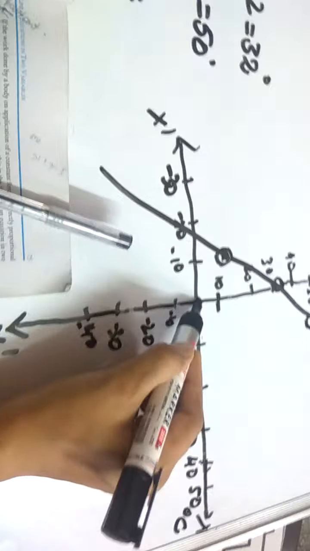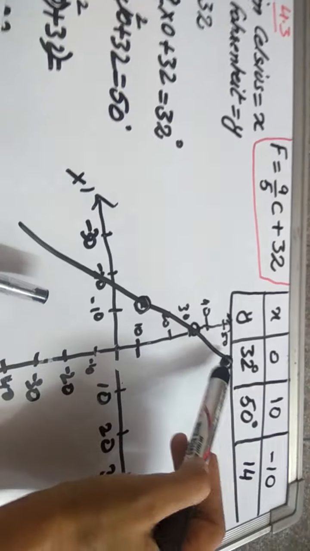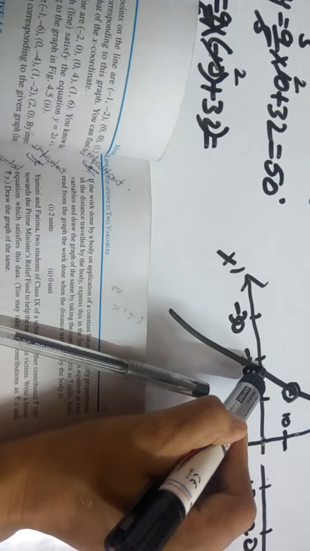If the temperature is 0 degrees Celsius, what is the temperature in Fahrenheit? If it is 0, then in Fahrenheit it is 32 degrees. See, here is the answer. And if the temperature is 0 Fahrenheit, then what is the temperature in Celsius? So this will be the temperature in Celsius. It is near about minus 18 degrees Celsius.